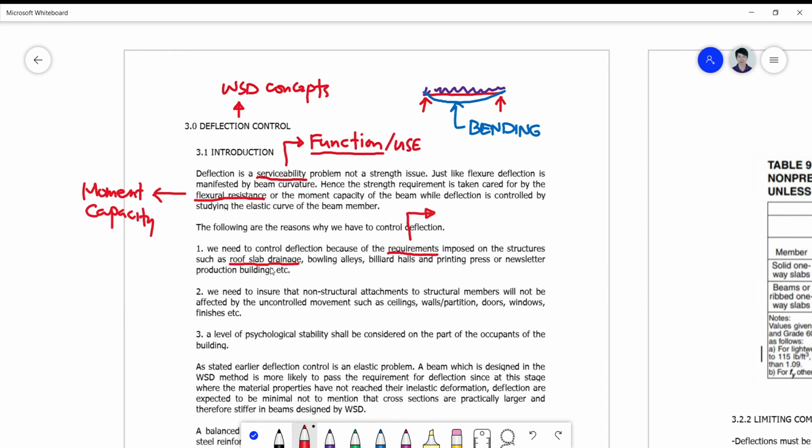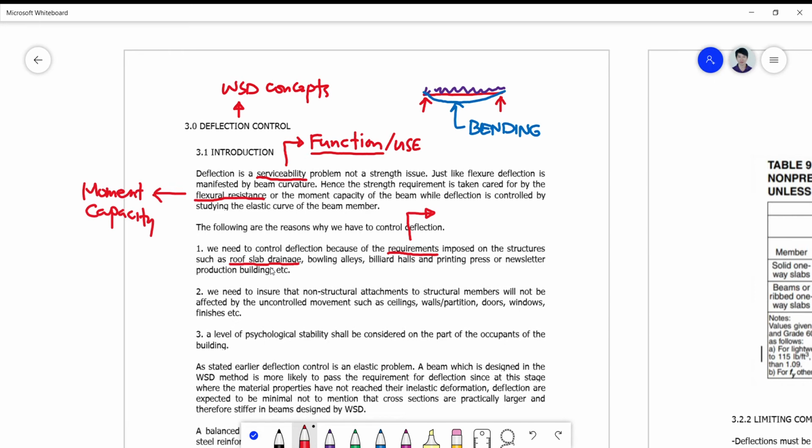If the slope of the beams and the slabs are not within the limit, then you will be having problems with the function or use of the structure as to drain water from the roof.